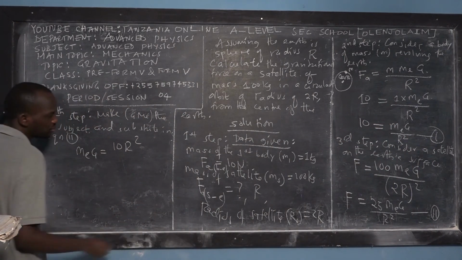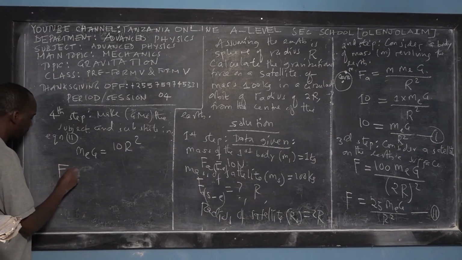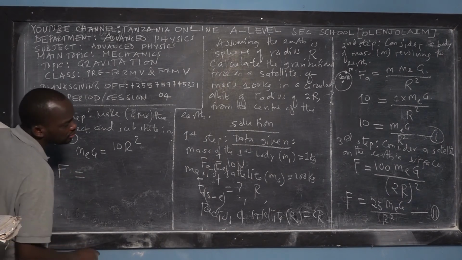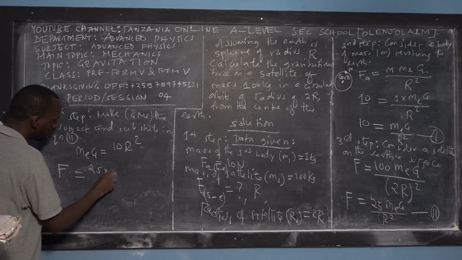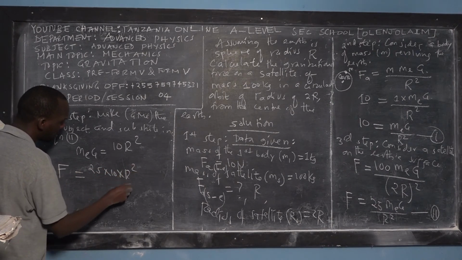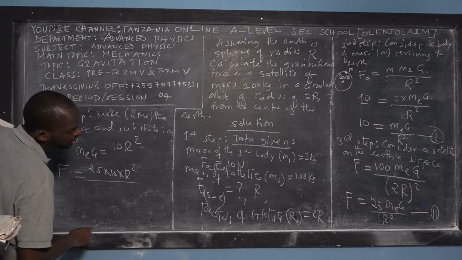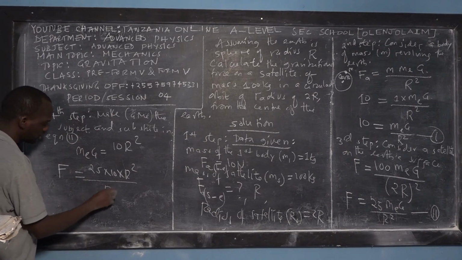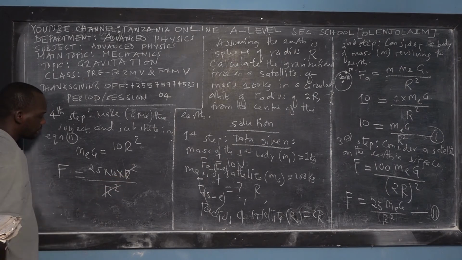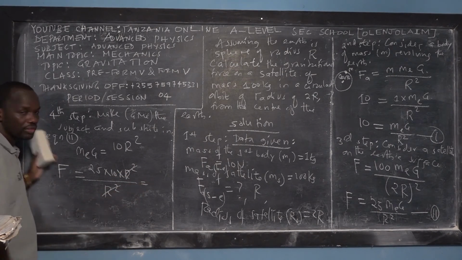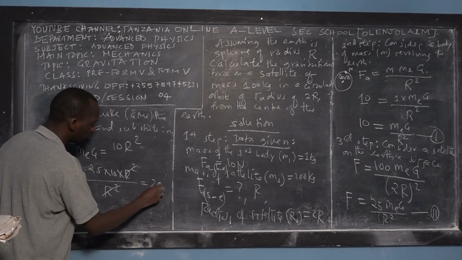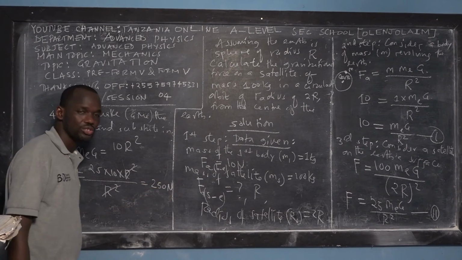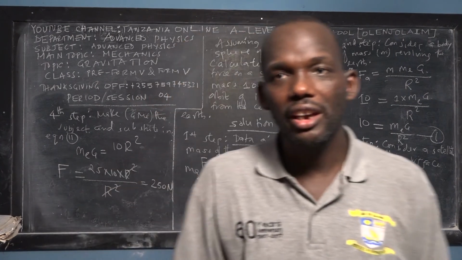So then you want to substitute into the force. You are looking for the gravitational force. So that one is 25 times 10 times r square over r square. So r square and r square cancel. So what is the response? Response is 250 Newton. So the force is 250 Newton.